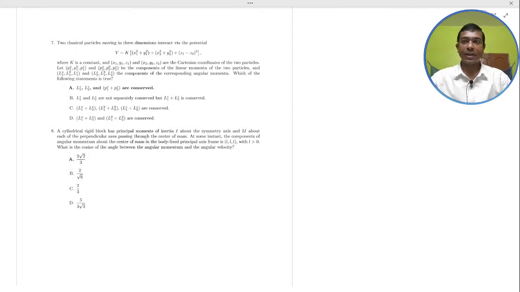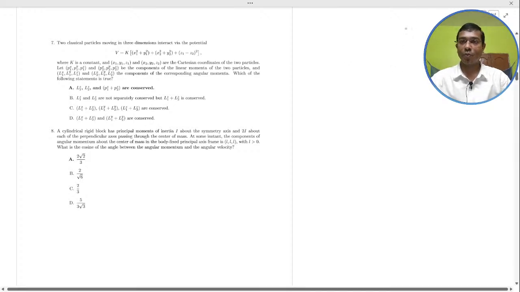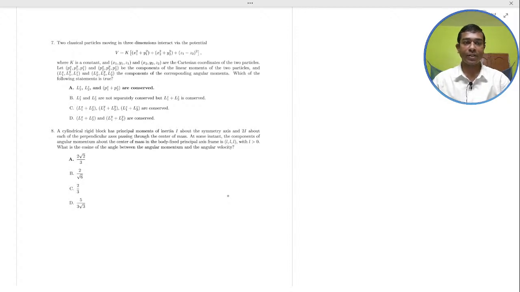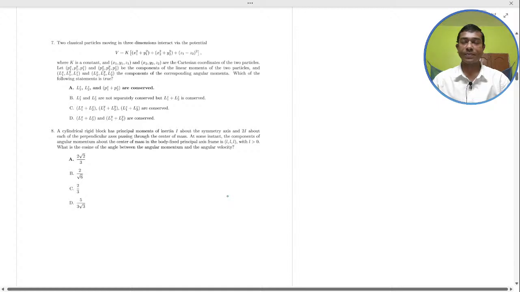Two classical particles moving in three dimensions interact via the potential V equal to k times (x1 square plus y1 square plus x2 square plus y2 square plus (z1 minus z2) whole square), where k is a constant and x1, y1, z1 and x2, y2, z2 are the Cartesian coordinates of the two particles.